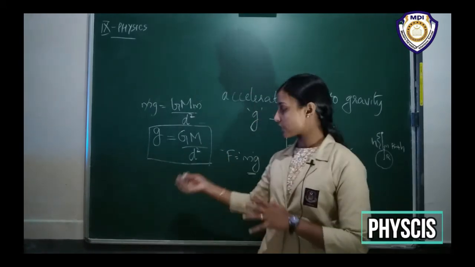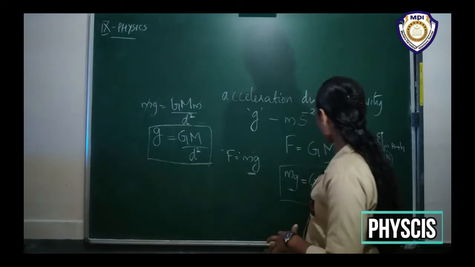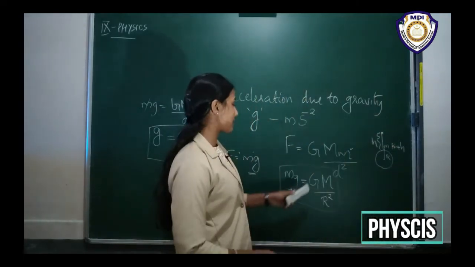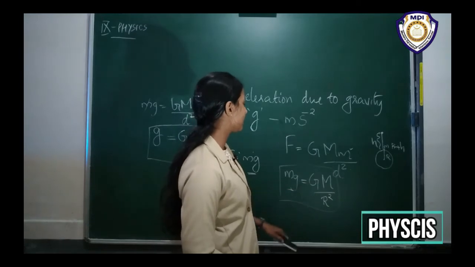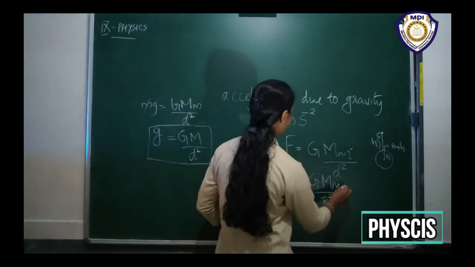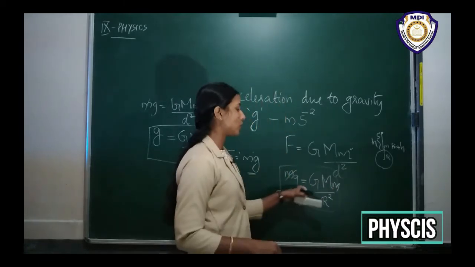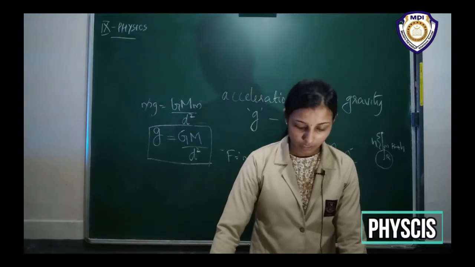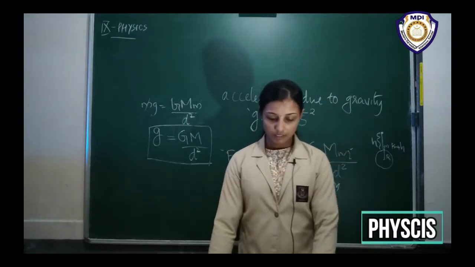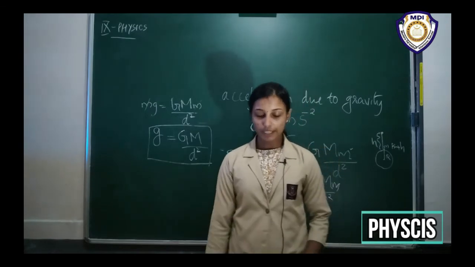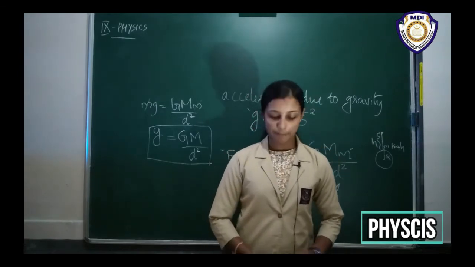That means the radius of earth, right? If we take that d as r, then we will get g is equal to gm by r square. Okay, and that is given to you as equation 10.9, g is equal to gm by r square.